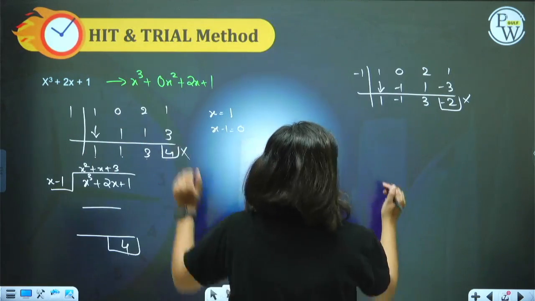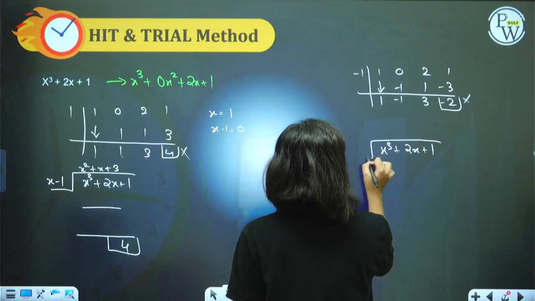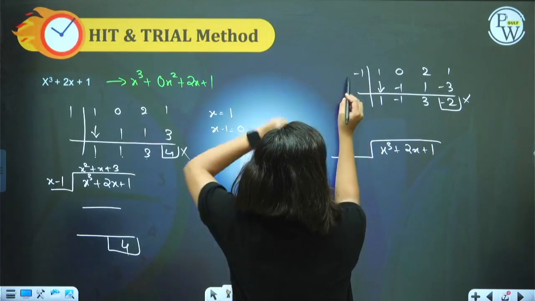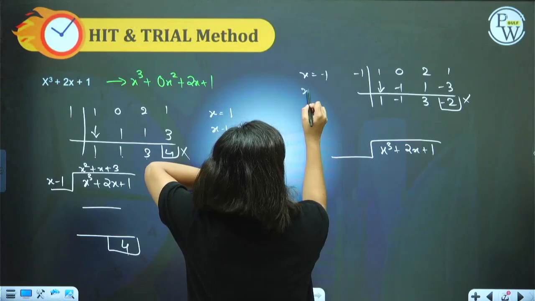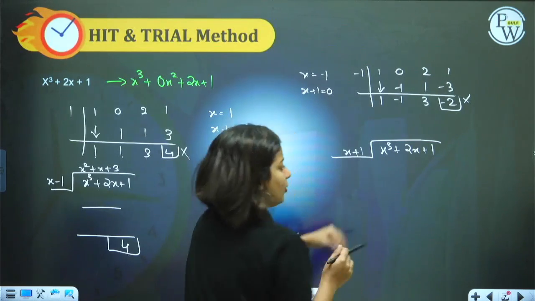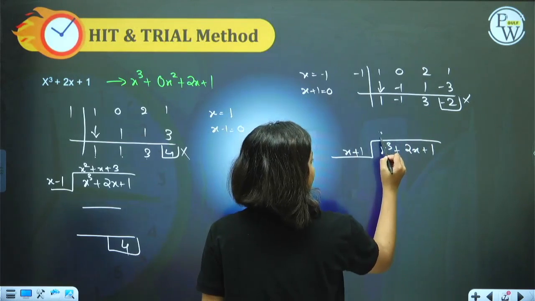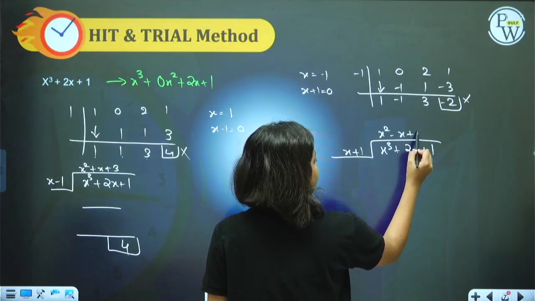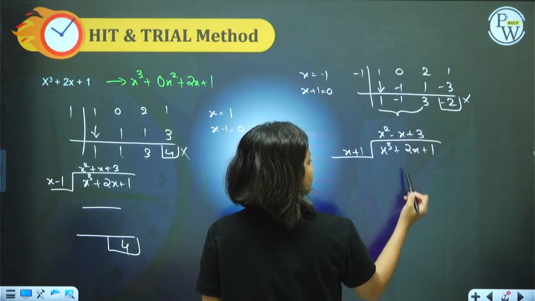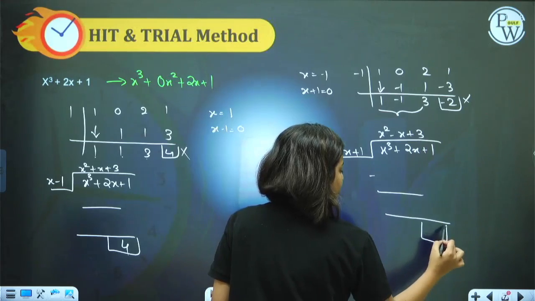If you divide that same x cube plus 2x plus 1 with x equal to minus 1, that is x plus 1 equal to 0, what will be the quotient? The quotient is x square minus x plus 3, and on solving, the final remainder will be minus 2.